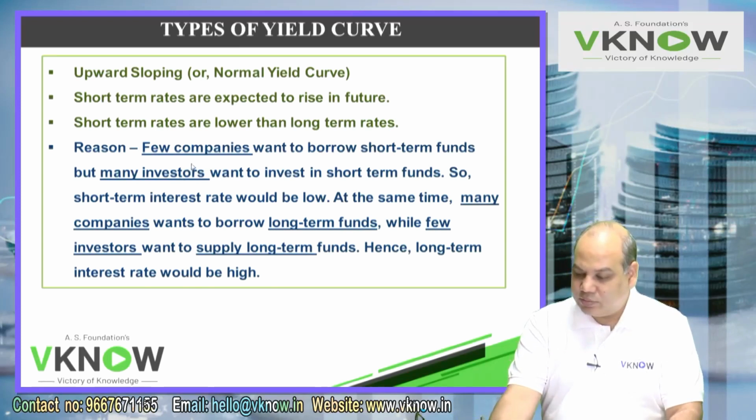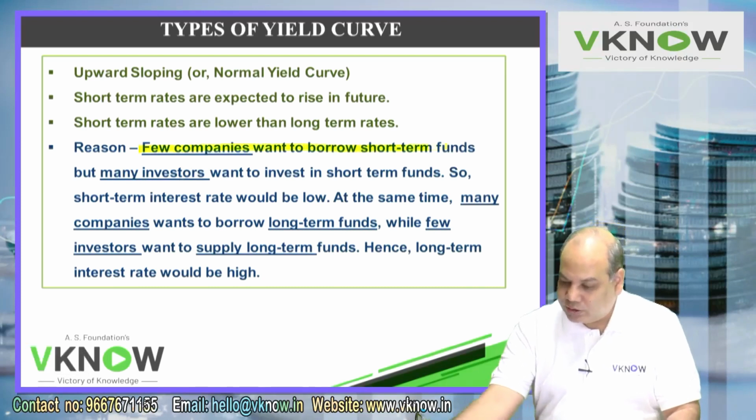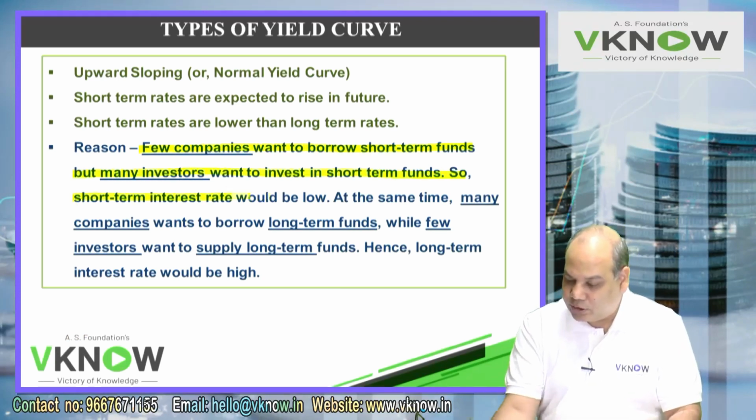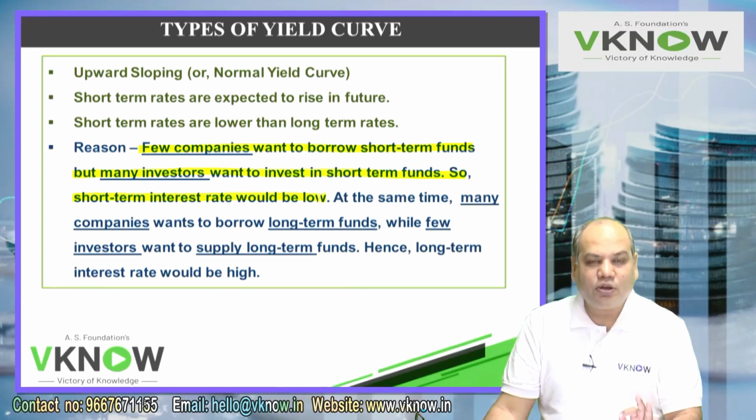Demand is less, supply is more for short-term funds, so short-term interest rate would be low. It's a matter of demand and supply. Interest is the price of money. If you want money, you have to pay a price called interest. There are more suppliers of money than the demand, and therefore the interest rate would be low.